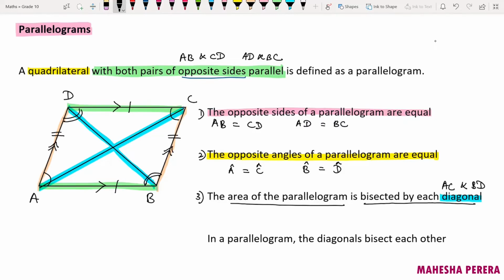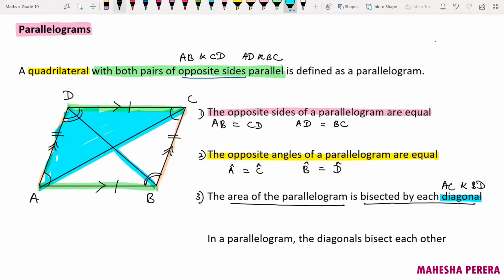Now, if you consider diagonal AC, because of this diagonal AC, this area of the parallelogram is exactly equal to the other part, right?